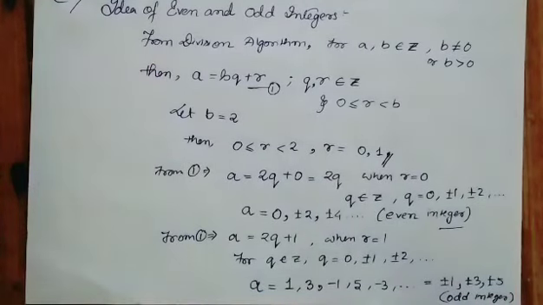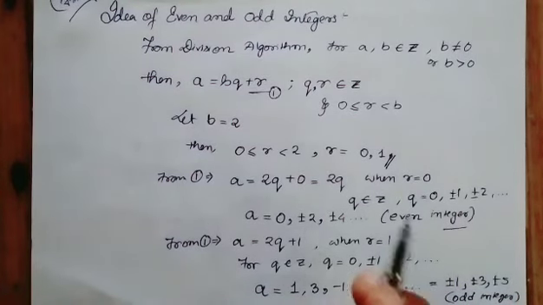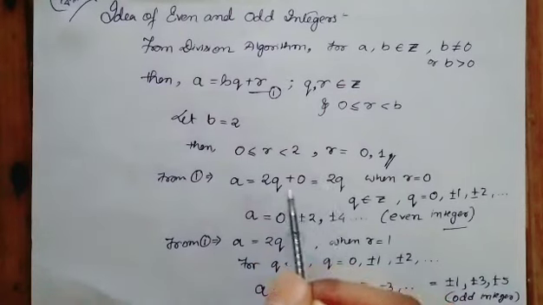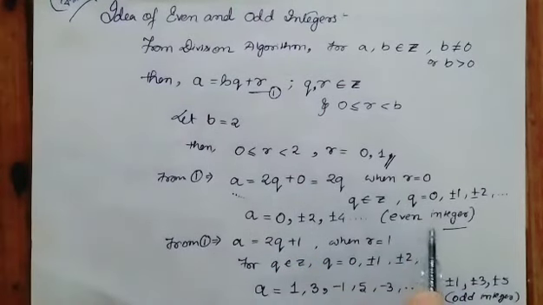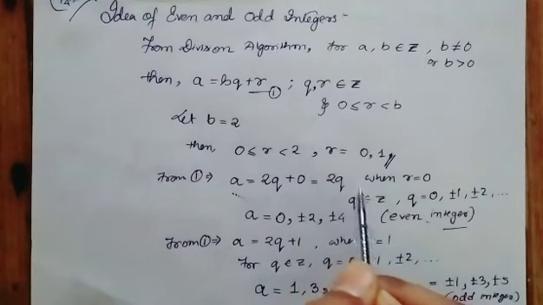So I guess now it is very clear to you what odd integers and even integers are. Any even integer can be expressed as follows. Let that integer be a. If it is an even integer, it can be expressed as 2 multiplied by some other integer.